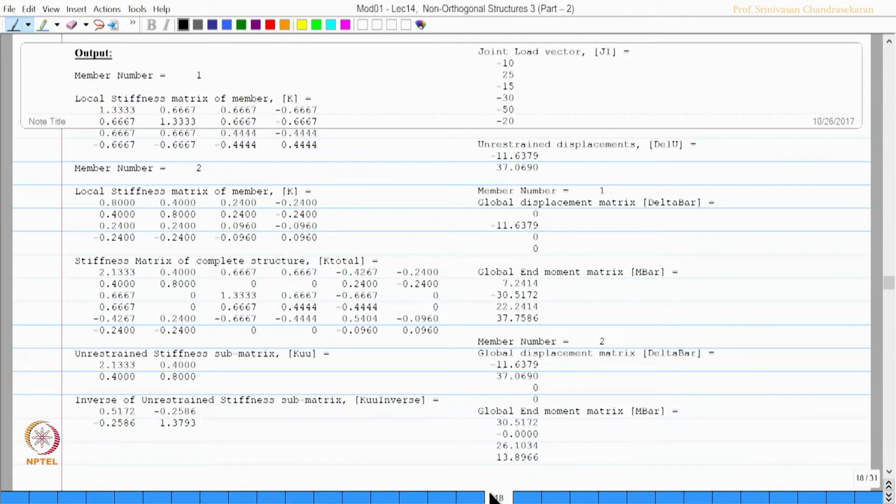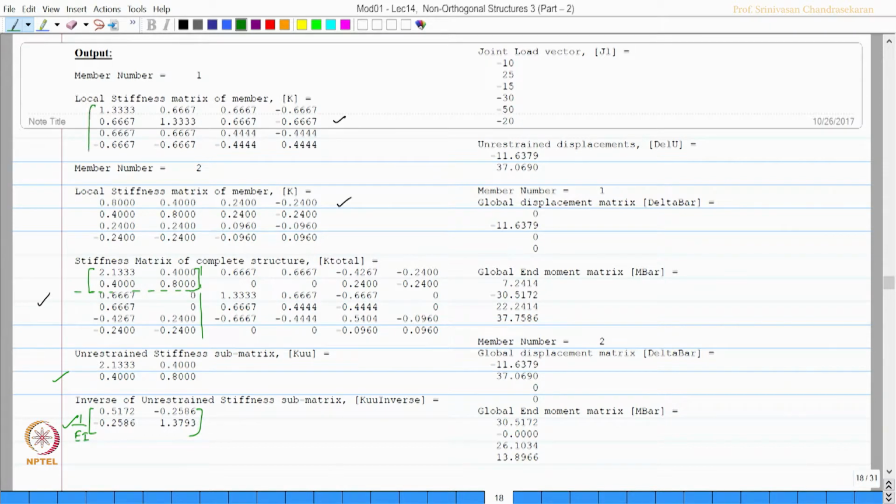You know the local stiffness matrix of the first member, if you look at the previous problem solution, you will see exactly it is same. It is for the member 2, this is for the complete structure. Now from this I cut out only these values. I partition this matrix, so I get only this which I have entered here. We get the inverse of this, whereas 1 by EI is available here.